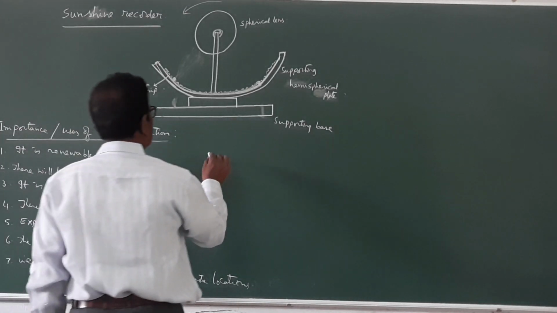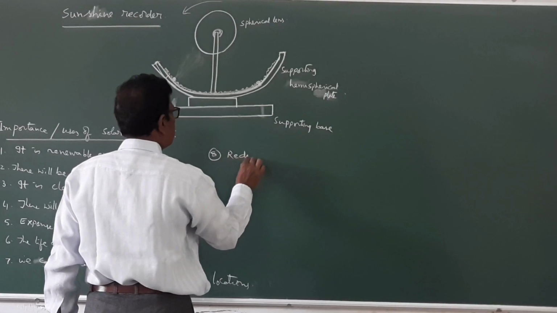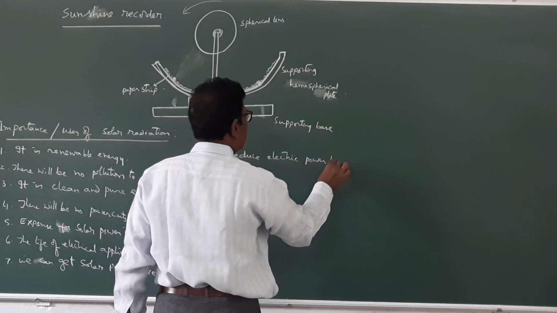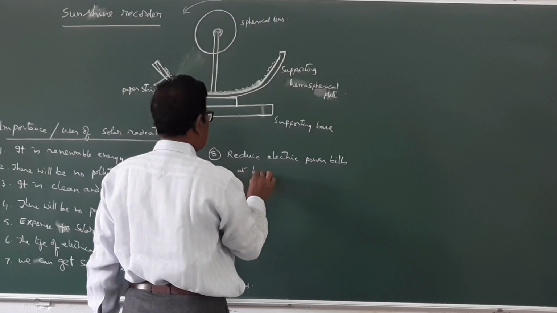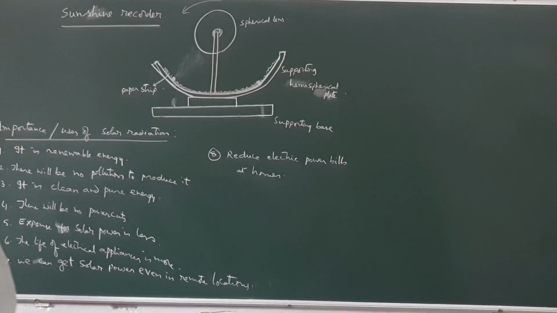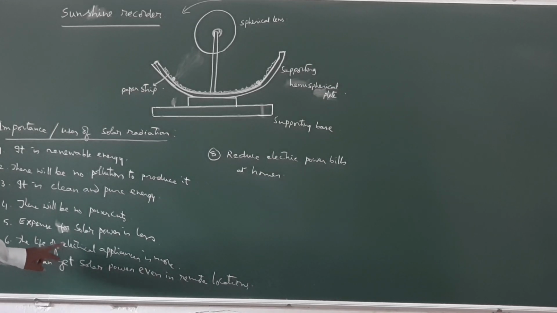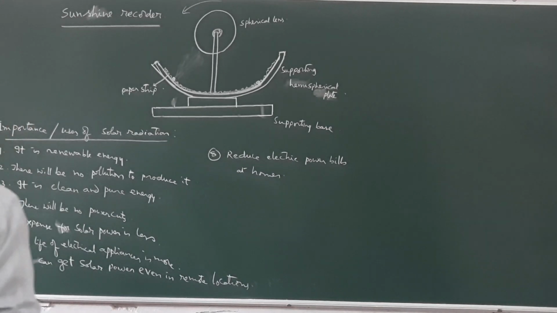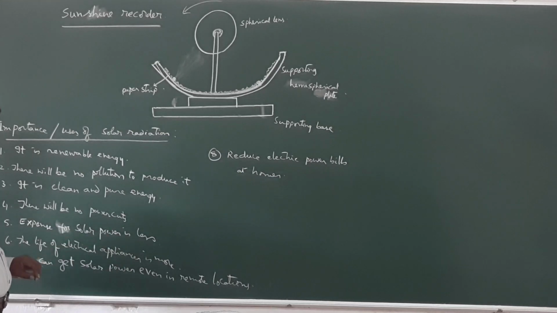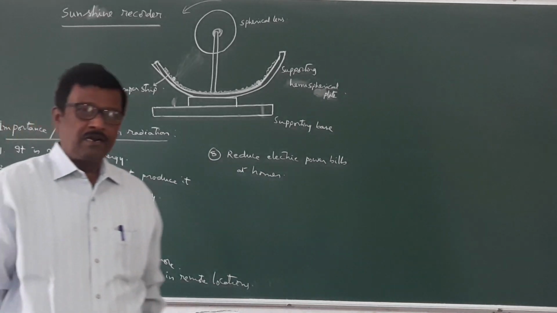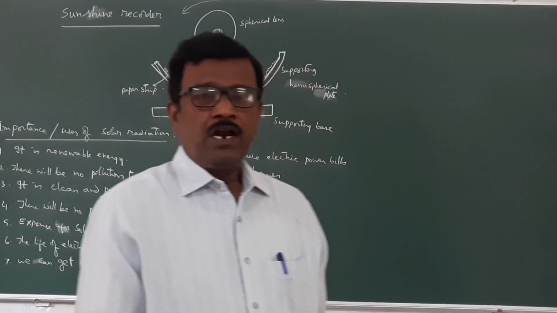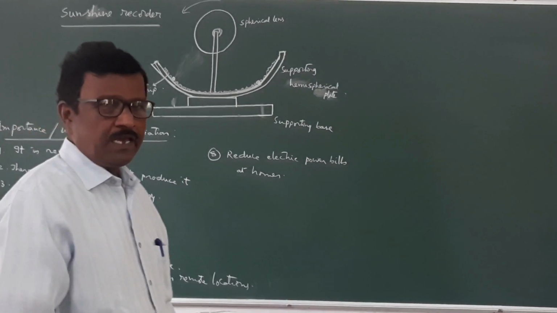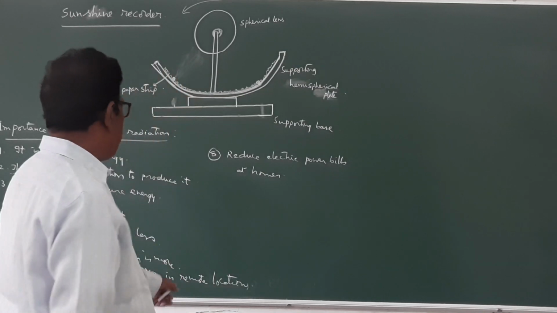You can reduce electric power bills at home, and because this power is stable, we are getting a DC energy, therefore the life of electrical appliances will be more, and we can get solar power even in remote locations, inaccessible areas where there is no power supply facility. That is a more advantage.